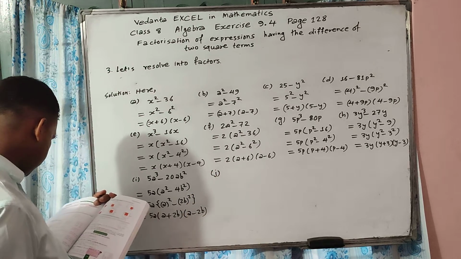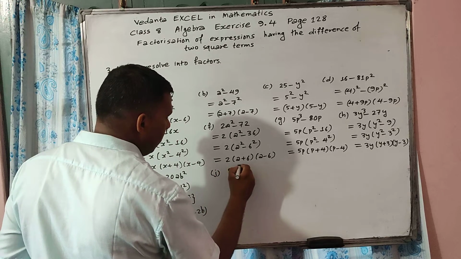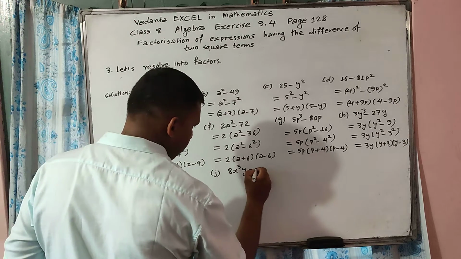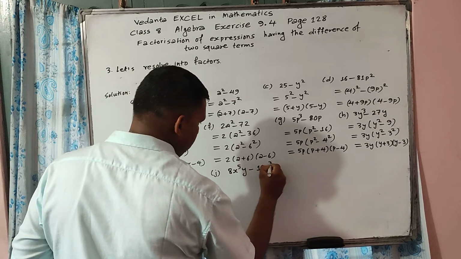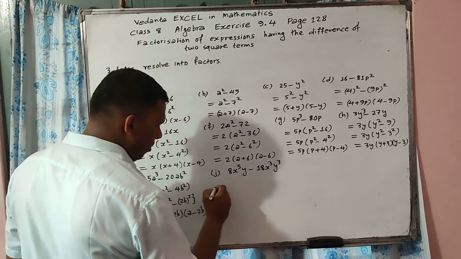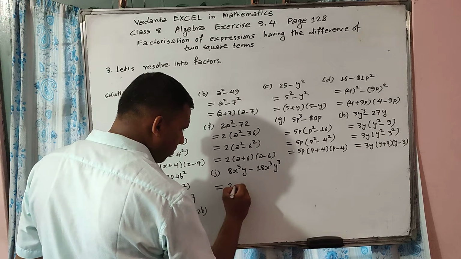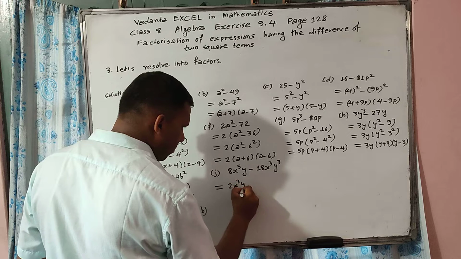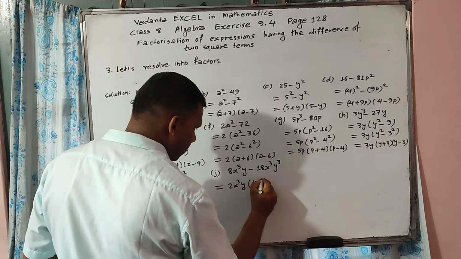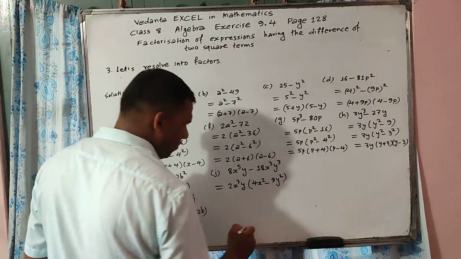On J, 8x to the power 5y minus 18x cube y cube. And this we are taking 2x cube y common, then remaining 4x square minus 9y square.